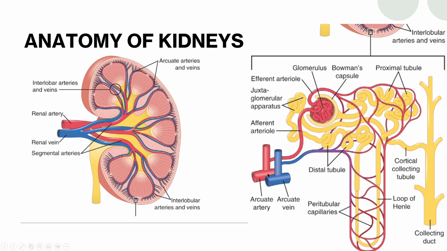So the blood coming from the artery flows to the afferent arteriole, they call it, and then it goes to the glomerulus. This capillary is called the glomerulus capillary because glomer means like a globe, like a ball. So a ball's capillary, the shape of a ball.